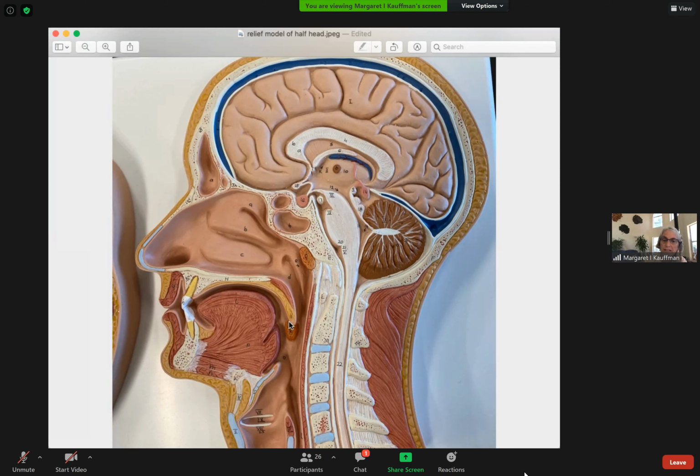Now this little fatty thing that's part of your soft palate, your hard palate has the maxillary bone and the palatine bone here, and then the soft palate, which is meant to be like fat, and I guess it's muscle, is called the uvula. And we won't be talking about it much right now.